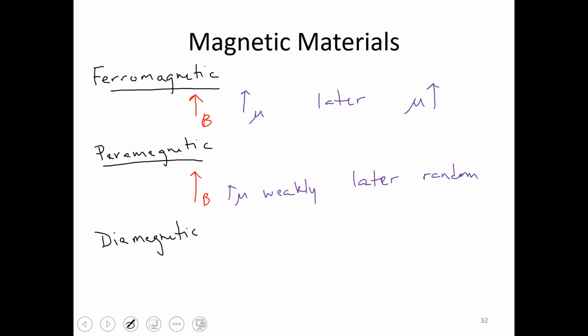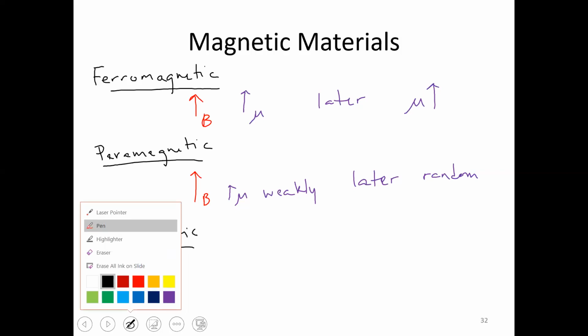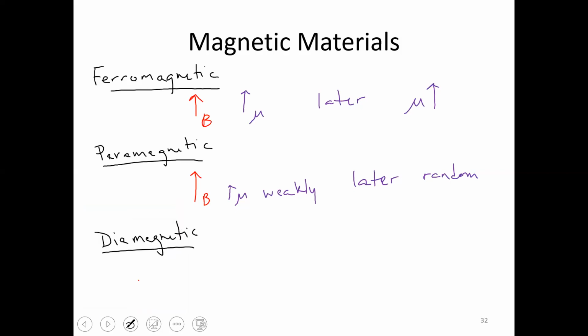Now, a diamagnetic material is slightly different. Think of the word dia, right? So when something's diamagnetic, the orbital magnetic dipole moments will actually induce themselves in the opposite direction. They'll oppose an external magnetic field.